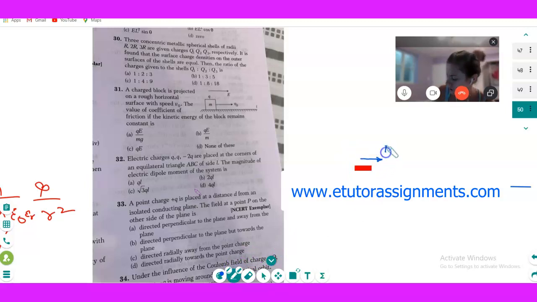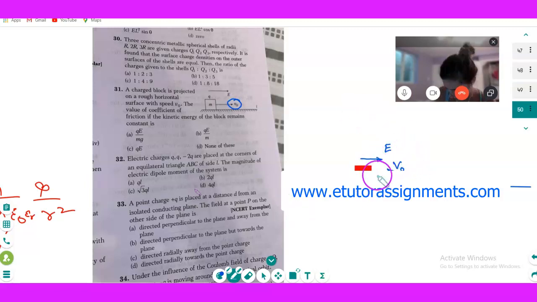See, the charged block is projected on a rough horizontal surface. Projected means with some given velocity v0. Here the electric field is also there.